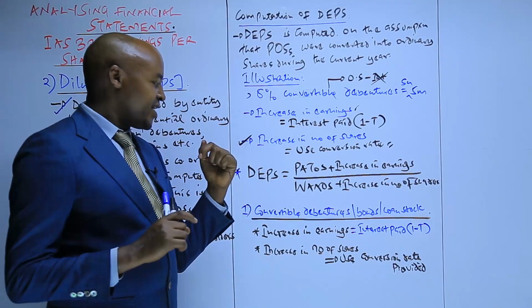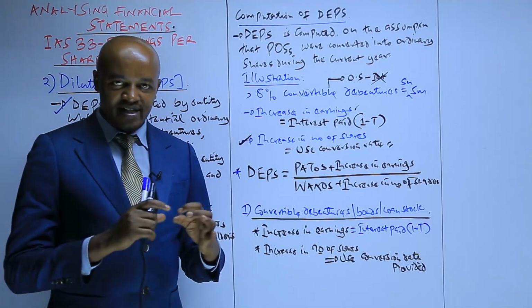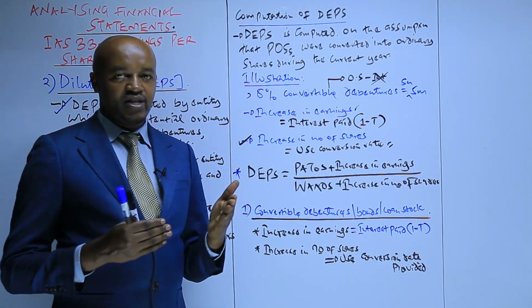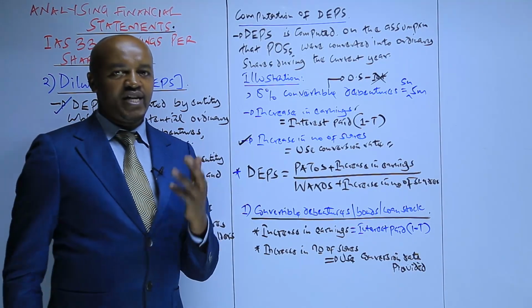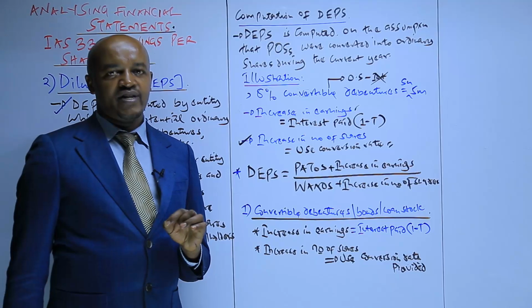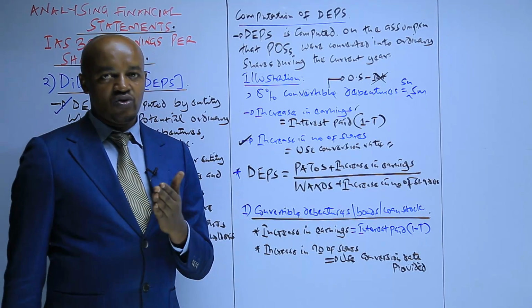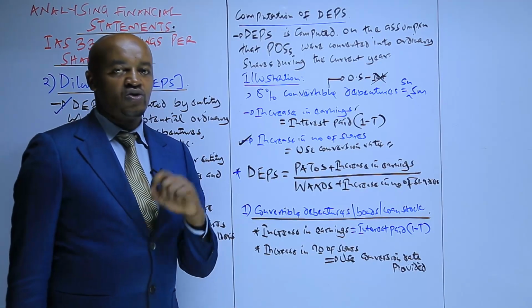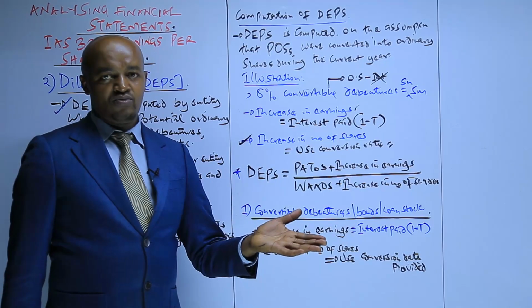But if a convertible security was issued in the course of the current year, for example, the company issued convertible debentures maybe 6 months to the end of the year, in that case we assume if they were converted into ordinary shares, they would have been converted from the date of the issue. Meaning that the number of shares which would have been issued on conversion, you have to weigh them on time basis.